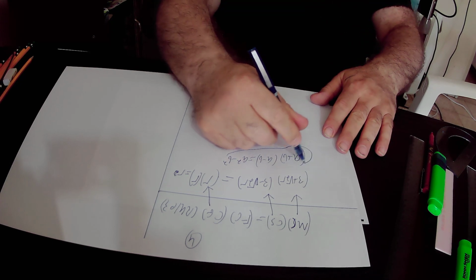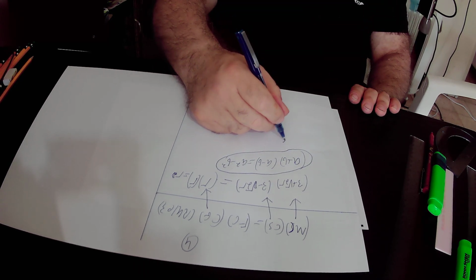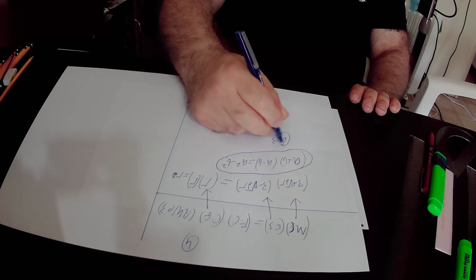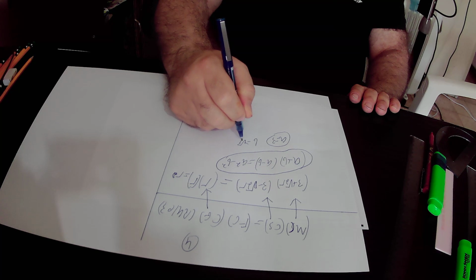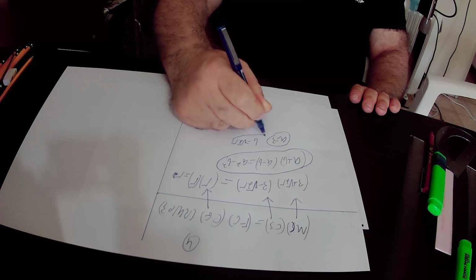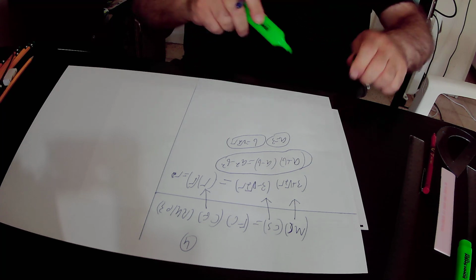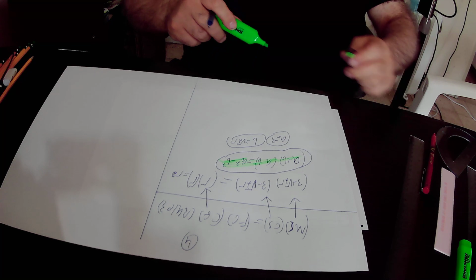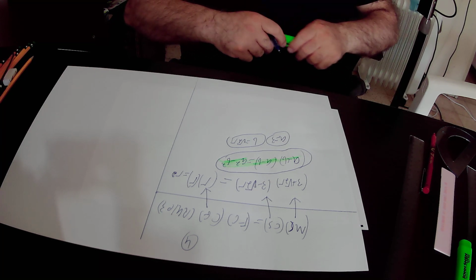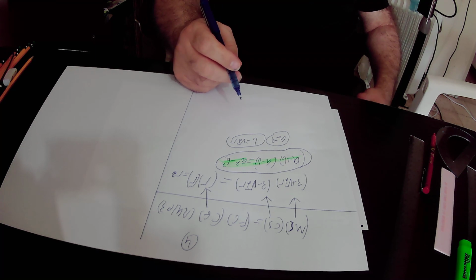In our specific expression, a equals 3 and b equals square root of 2r.